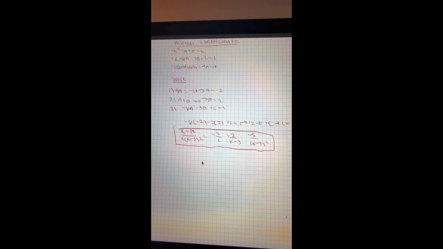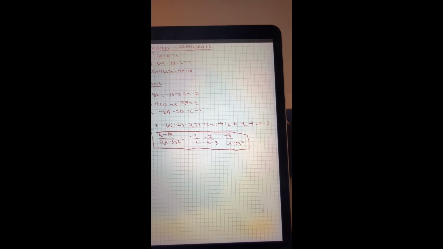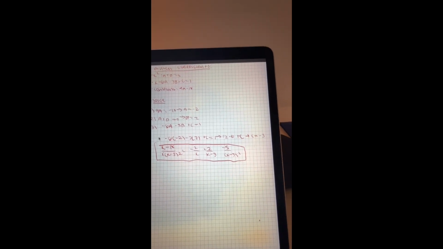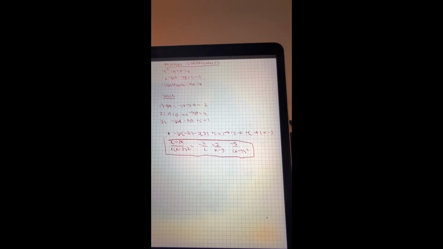And then you basically get all these numbers and put them back into the equation, and you get negative 6 times negative 2 minus 3 times 2 plus C equals 1, so 12 minus 6 plus C equals 1, so C equals negative 5.